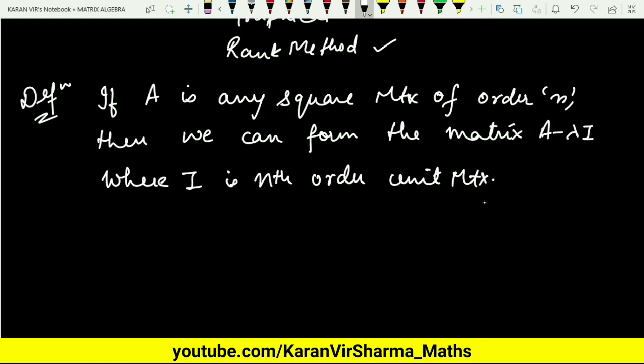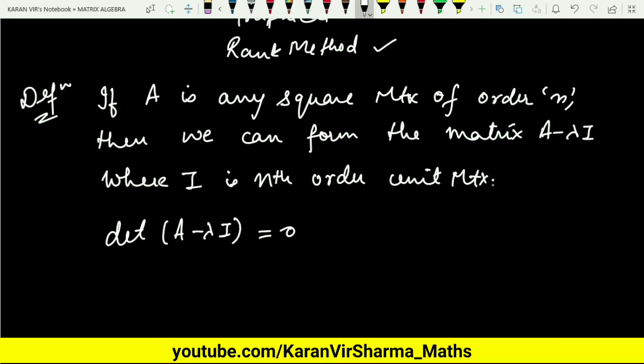So if we take the determinant of this matrix, the determinant of A minus lambda I, and the determinant of this matrix is equated to 0, then in that case you get an equation which is known as a characteristic equation.